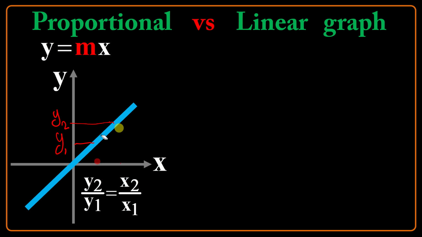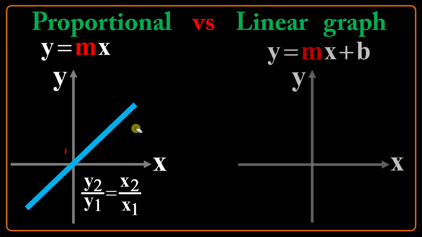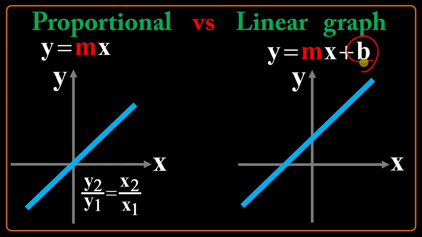Sometimes it is not possible because we have a y-intercept. Suppose that I have y equals mx plus b. There is a y-intercept, so the line won't pass through the origin. If I take the same corresponding values, for example, suppose that I get x1 and y1 and x2 and y2 based on the equation.